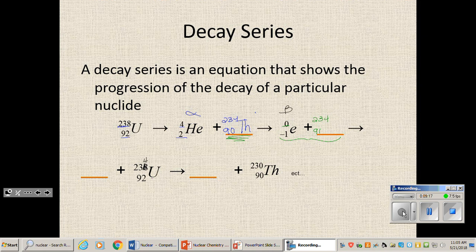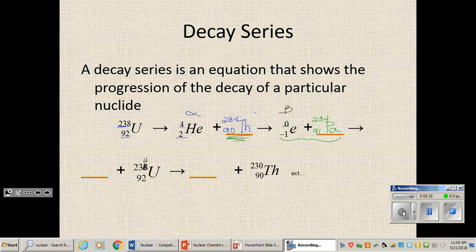And now again, our nuclide has changed its identity, and now we're at protactinium, Pa. So one of the things that you should be able to do is fill in these blanks.